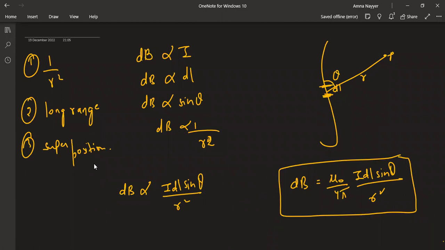The magnetic field is produced by a vector source, a current element I dl, and in Coulomb's law it was charge only. In the magnetic field you had current, but here you have charge only.